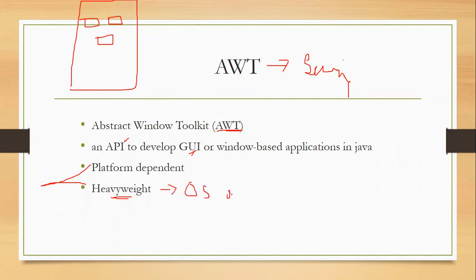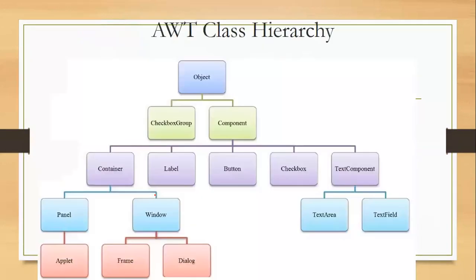Simply because it is using your OS resources, you tell it is a heavyweight component. So these are actually the main characteristics of AWT. It is platform dependent based upon your OS, and it is heavyweight, which means it will be using your OS resources at large.